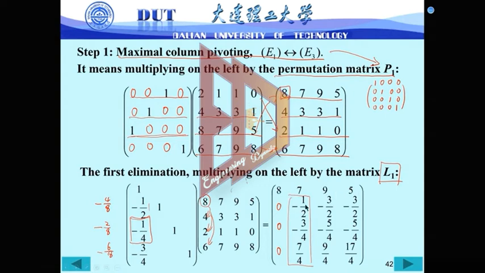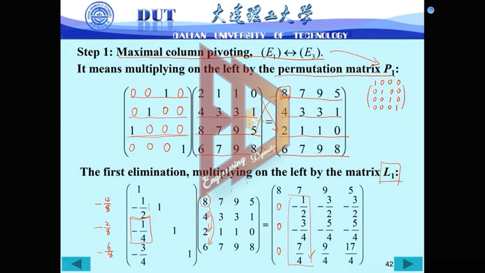We use absolute values: minus 1 over 2 gives 1 over 2, here is 3 over 4, here is 7 over 4. Which one has the largest absolute value? Of course, the last one, 7 over 4. So this number should be the new pivot for step 2.